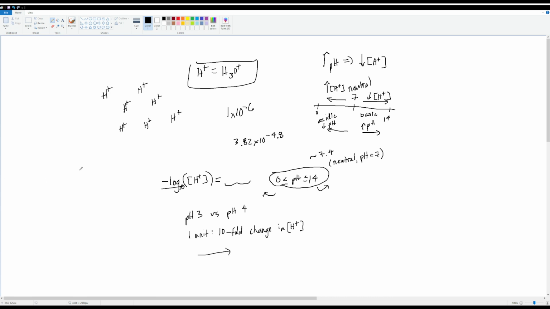Correct. It is a 10 times decrease. Okay, so 10 times decrease in H plus concentration.